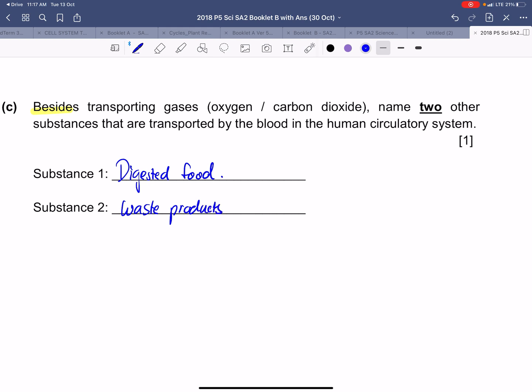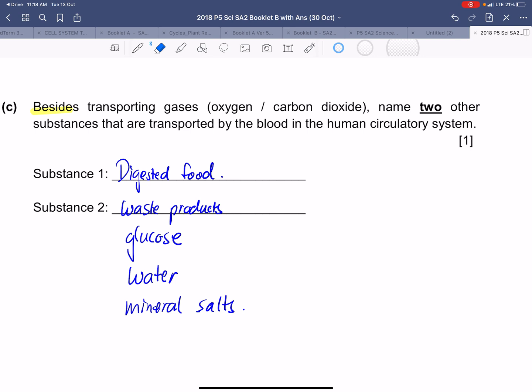You can put glucose. I accepted glucose because it's a very high level answer, well done. You can say many things. You can say water. You can even say mineral salts. Now, digested food and glucose are the same, so these are either or.